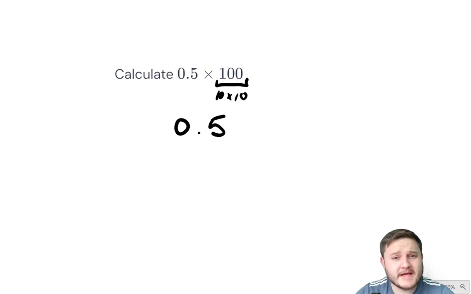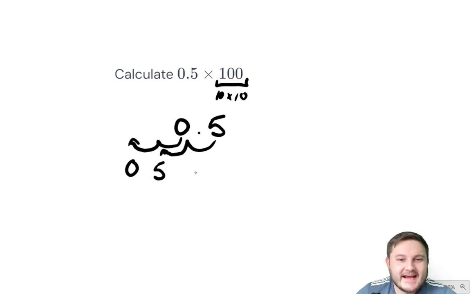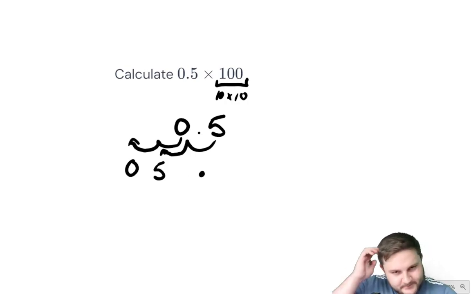So I'm going to move this value once, twice. Again, would be easier with squared paper. And this value is going to go once, twice. Not on the decimal point. Once, twice. Again, so much easier with squared paper. And there's your decimal point.